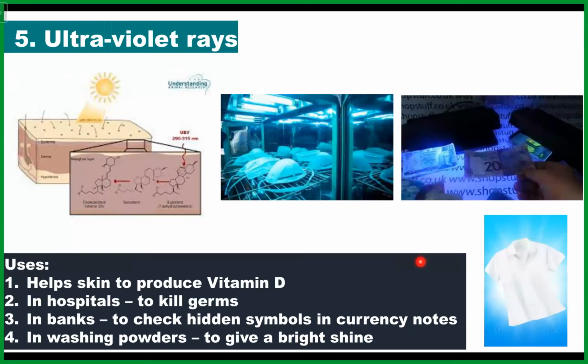Make sure that you study a few uses of these UV rays. So now that we've learned about UV or ultraviolet, we've covered radio waves, microwaves, infrared radiation, visible light, and ultraviolet. So that brings us to the sixth type of electromagnetic waves, which are the X-rays.